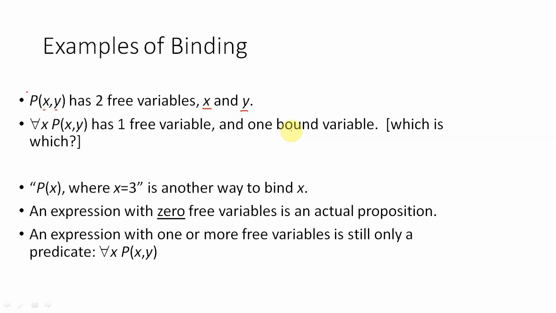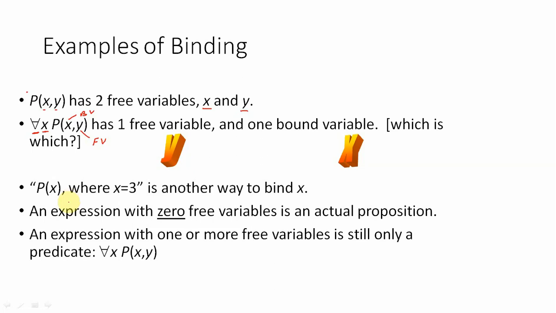Can you identify which is the free variable and which is the bound variable? Yes, you are right. The free variable is y and the bound variable is x. Why is it so? Because x has a quantifier assigned to it, so x becomes the bound variable, and y does not have any quantifier, so it becomes a free variable.